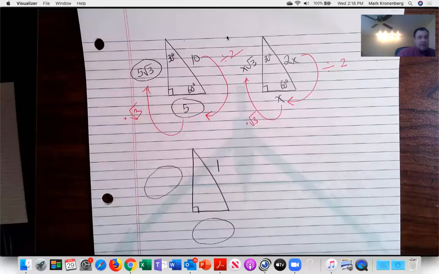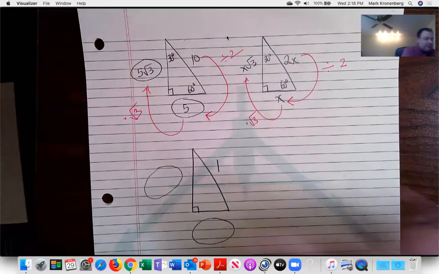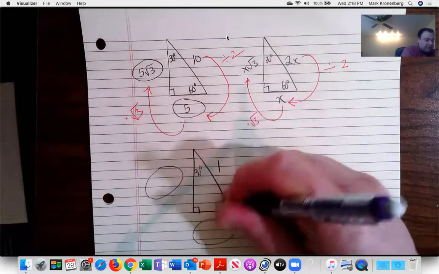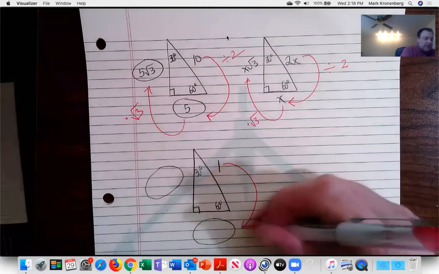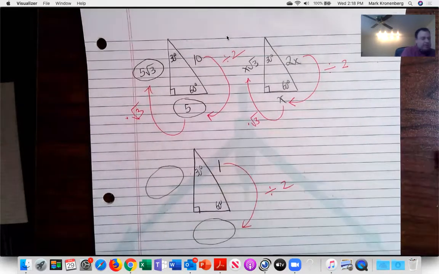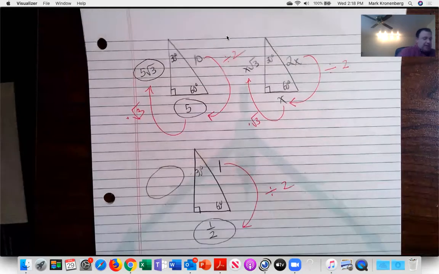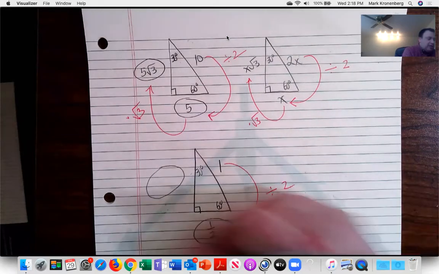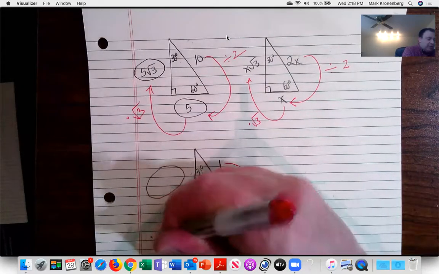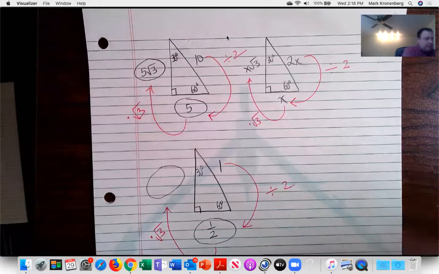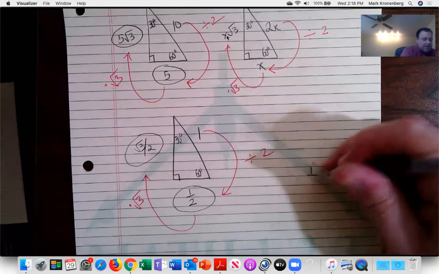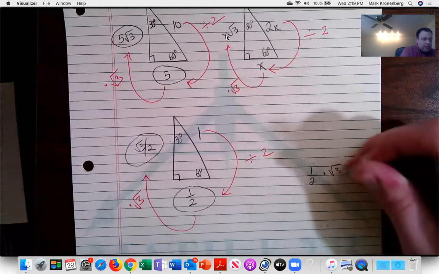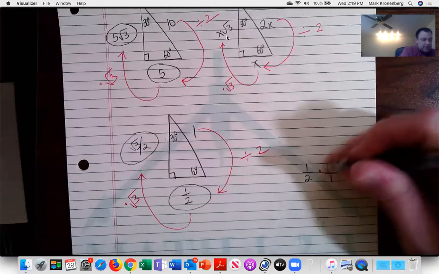We follow the same pattern, knowing that this is a 30, 60, 90 triangle. To go from hypotenuse to short leg, simply divide by 2. So 1 divided by 2 is just a half. And then to go from short leg to long leg, multiply by root 3. Half of root 3 will give us root 3 over 2. A little more detail on that: if you wanted to say 1/2 times root 3, you could say root 3 over 1, so then you get root 3 over 2.